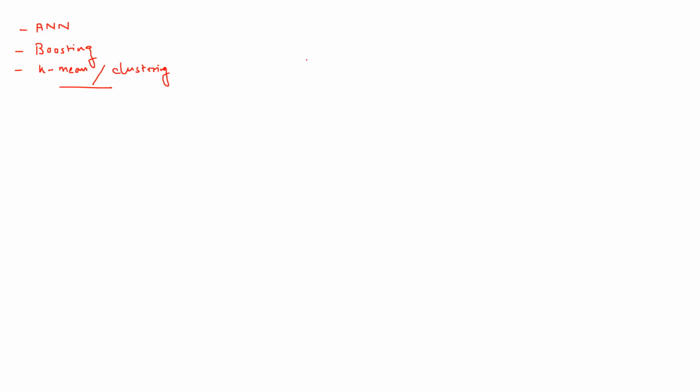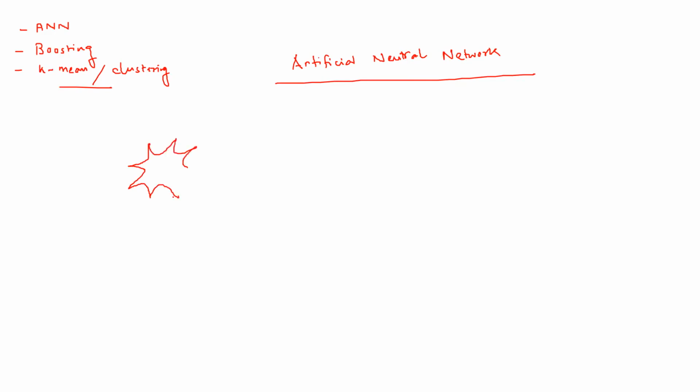So today's topic is artificial neural network. What is an artificial neural network? How does a neuron work in general? This is how a neuron in our body looks like.